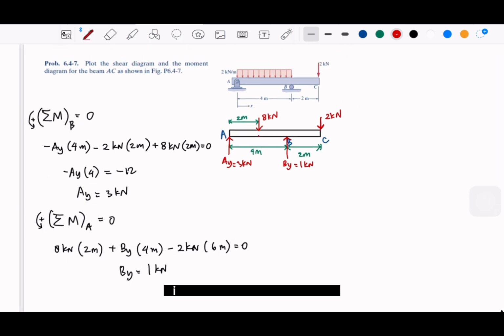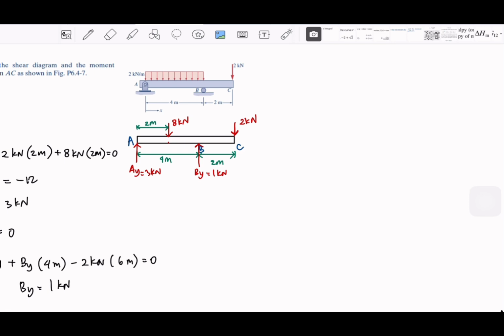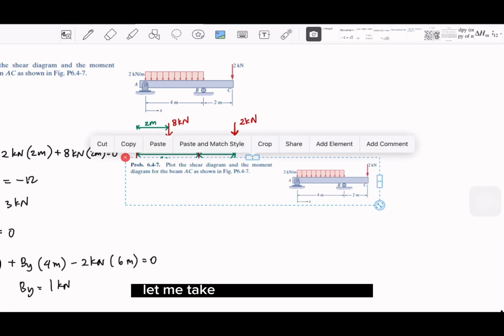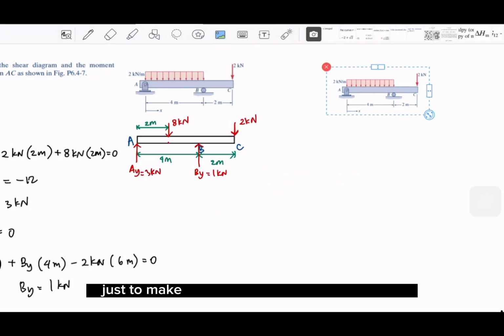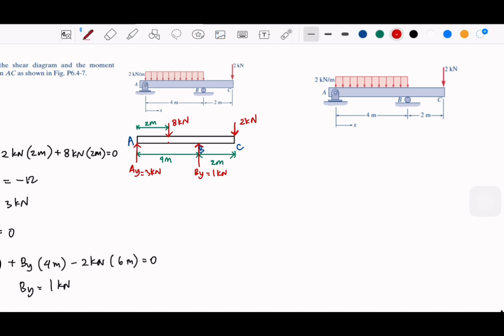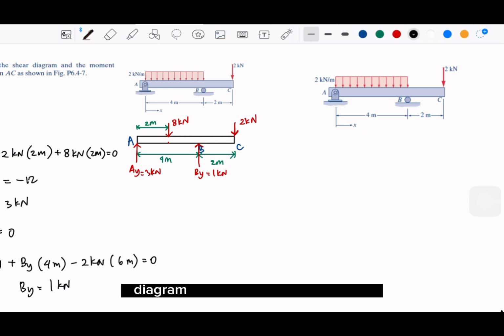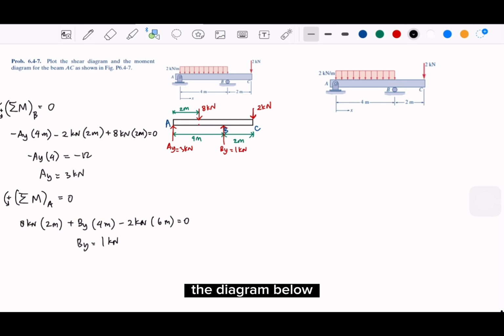Okay, I think we can move on. Let me take the same picture here just to make sure that we are having the same diagram. My suggestion is taking the diagram below the notable system.